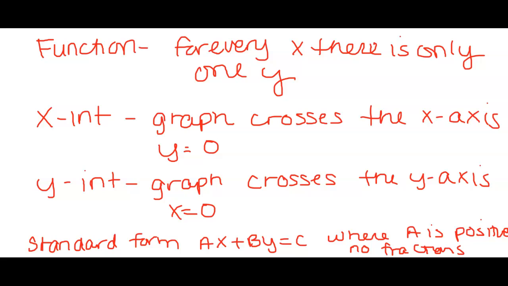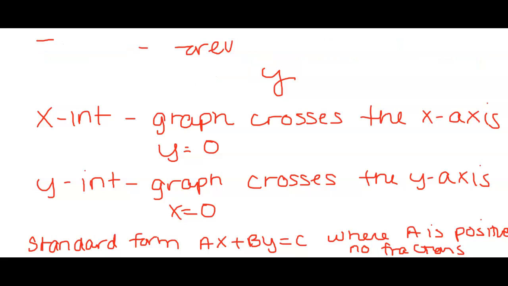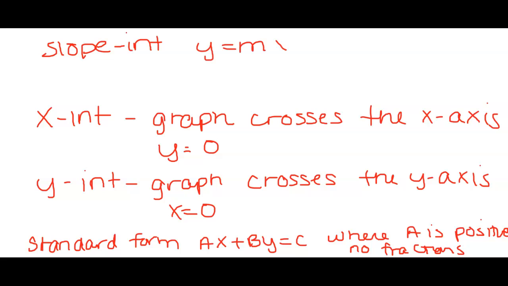So the standard form of a line, A is positive and we have no fractions. The slope-intercept form is where you can see your slope and y-intercept. So slope-intercept is y equals mx plus b, where m is your slope and b is your y-intercept.